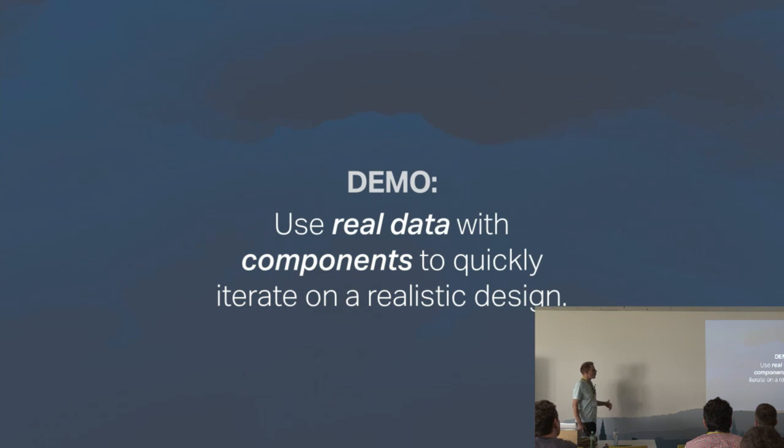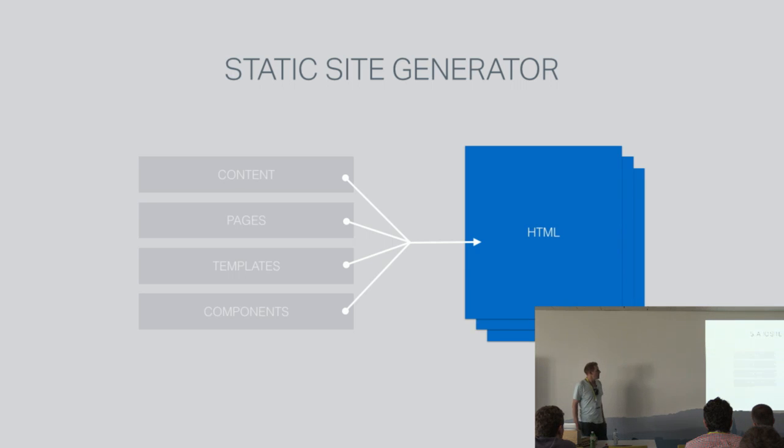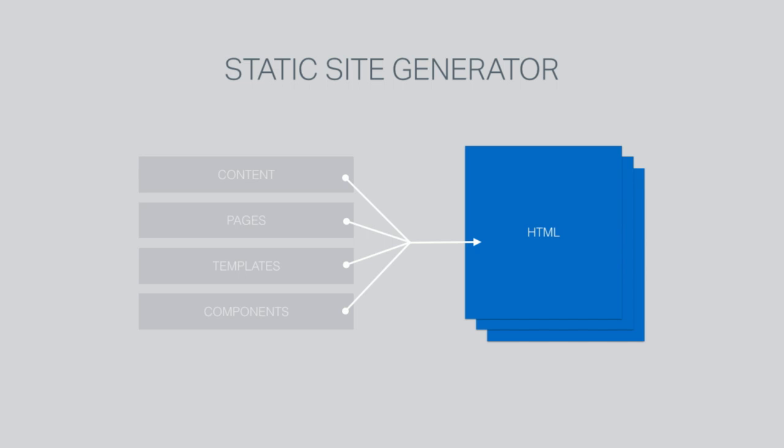So let's see how we can make something like this using real data and components so that we can quickly iterate on our designs. And what we're going to do is use a static site generator. Tomas and Olga are going to go into more detail about static site generators tomorrow, so check out their talk.